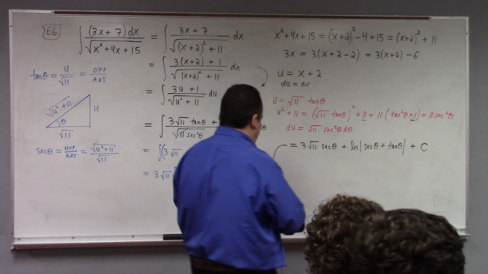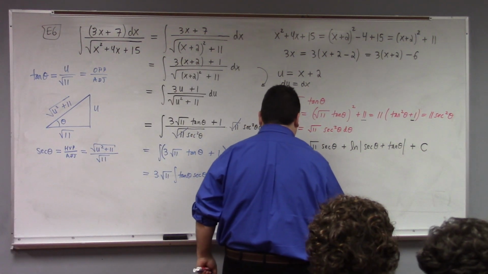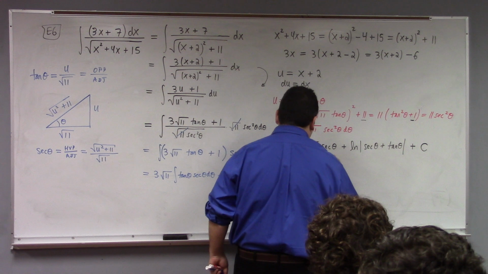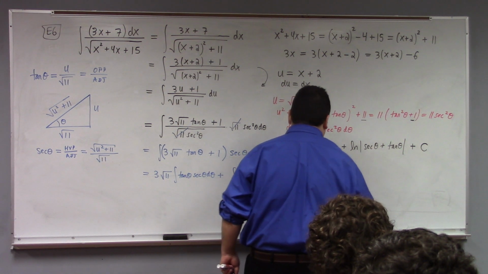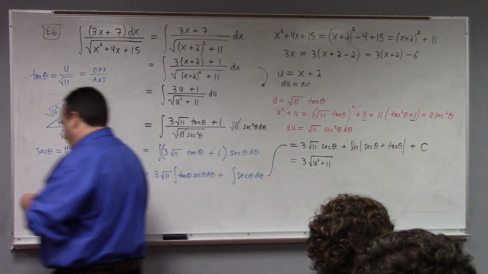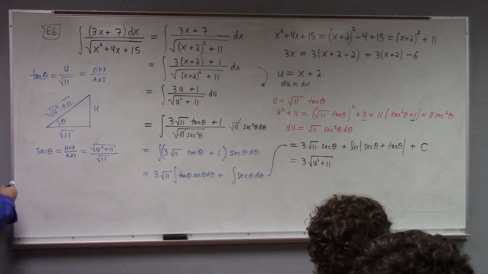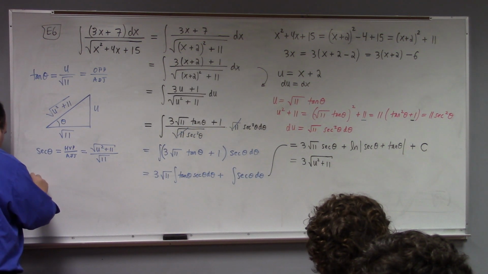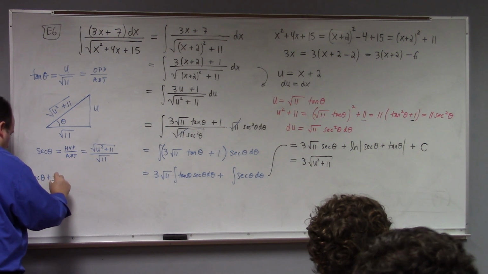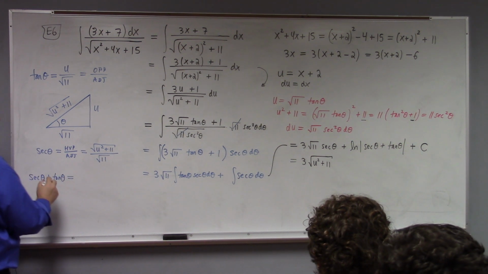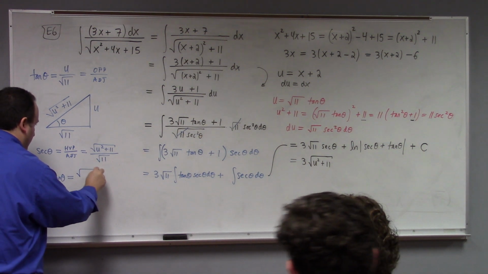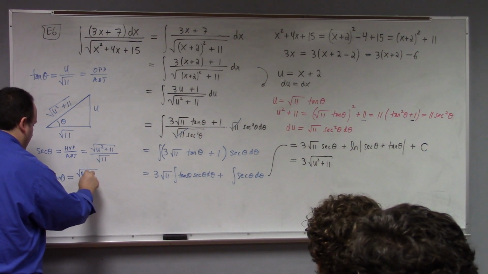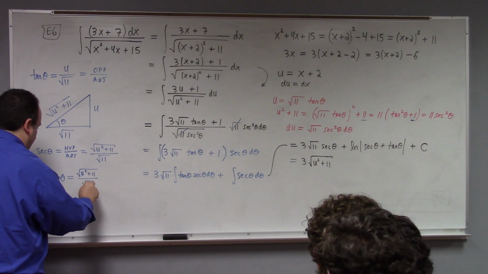So I've learned this much already. The first term is 3 times the square root of u squared plus 11. That's not bad. And then let me work on what secant plus tangent looks like here. Well, secant plus tangent is the square root of u squared plus 11 divided by root 11, right?